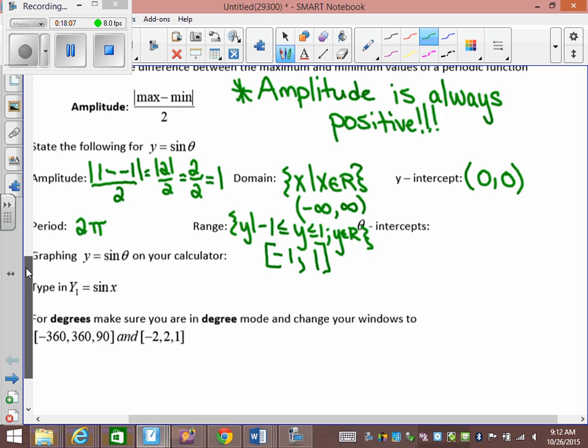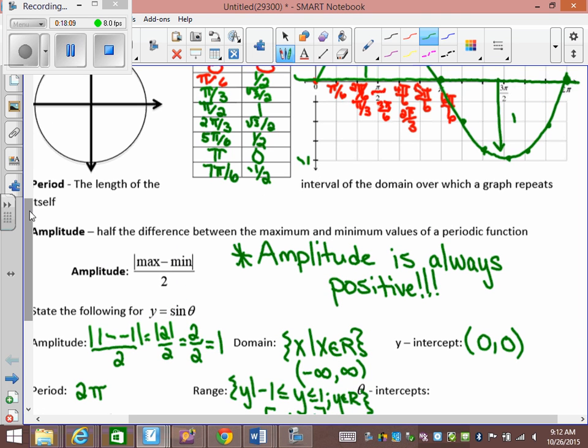Now, I told you this graph goes on forever and ever, unless I restrict it, right? So my intercepts are happening at 0, then again at pi, then again at 2 pi, then again at 3 pi, and then 4 pi, and then negative pi, and negative 2 pi, and negative 3 pi, and negative 4 pi, and negative 5 pi, and oh, it's going to keep going.